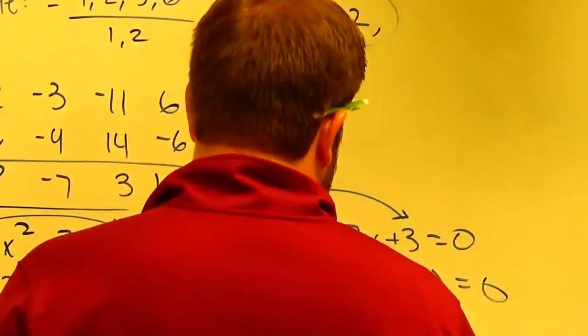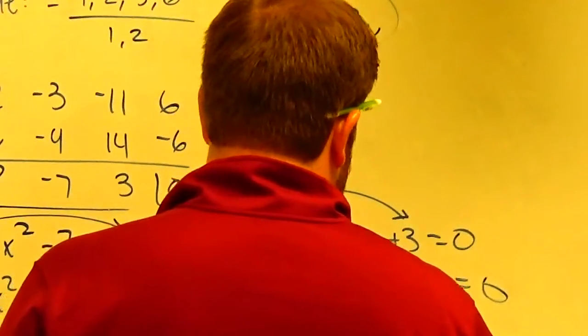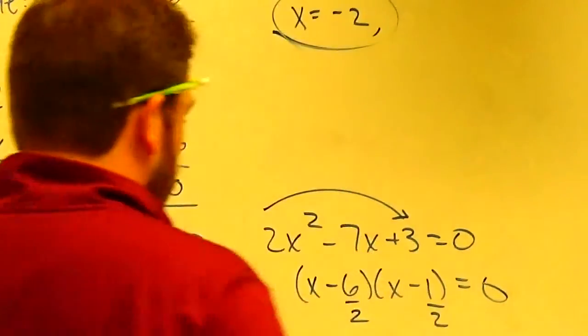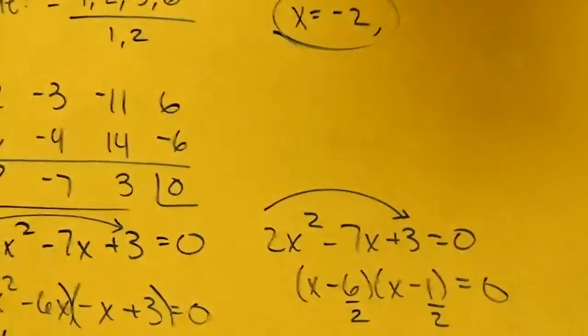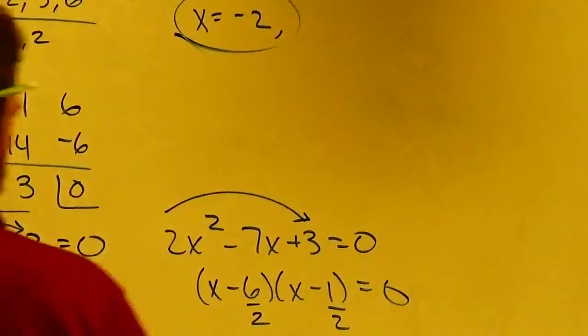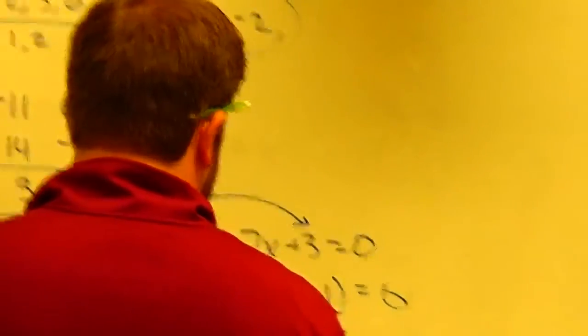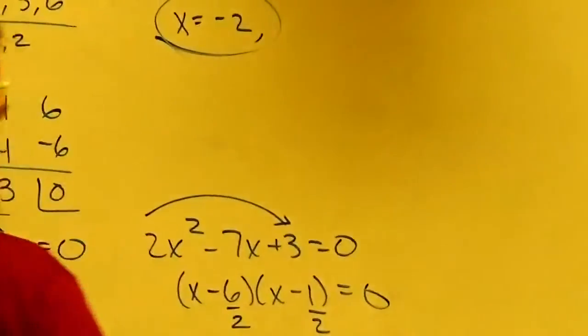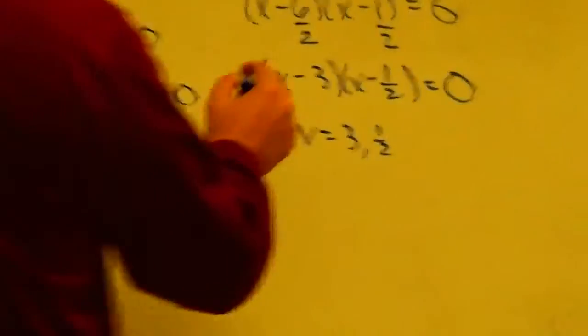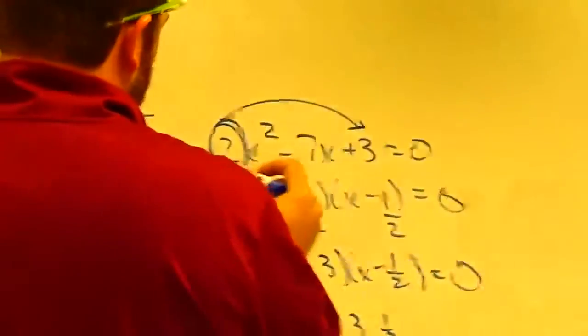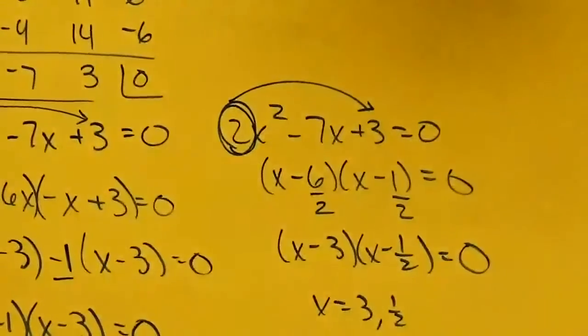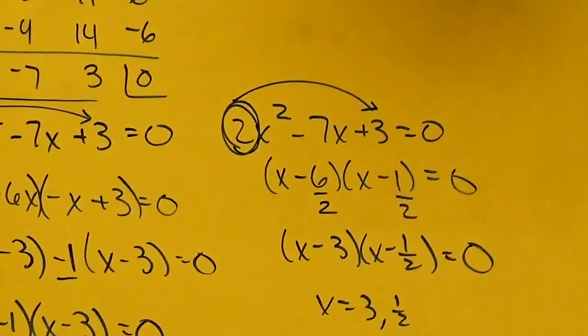That gives me x minus 3, x minus 1/2. Well, that's the same thing if I just change the sign. Depends on what you want. The key here, though, is you have to remember to divide by whatever that number is after you get the two numbers that multiply to 6 and add to negative 7.